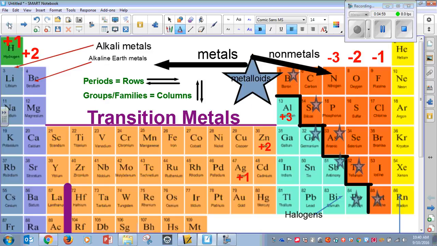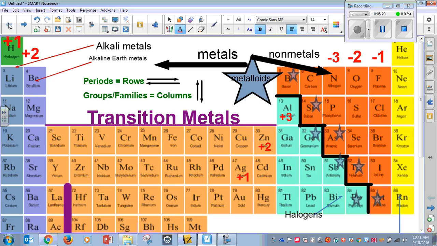So when we look at our periodic table, I have some numbers written in red. You'll notice that everything to the left of the staircase is a positive number, and everything to the right of the staircase is a negative number. So your group 1 metals form a +1 charge.